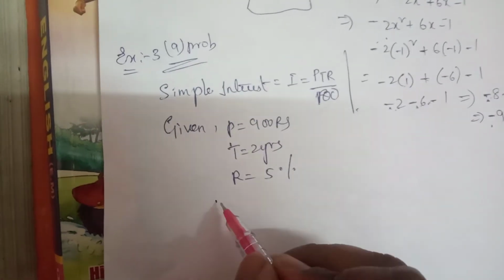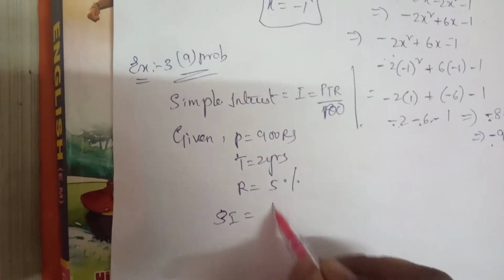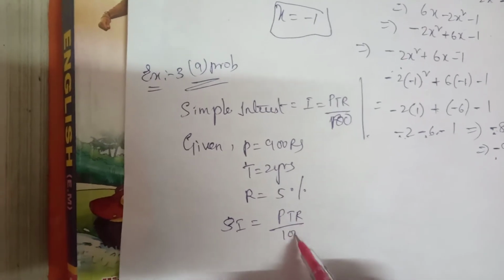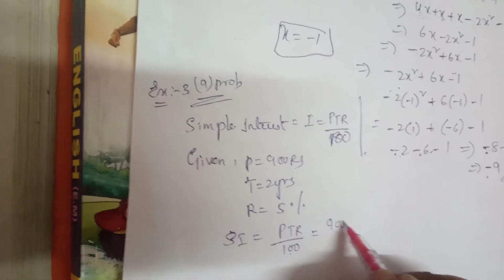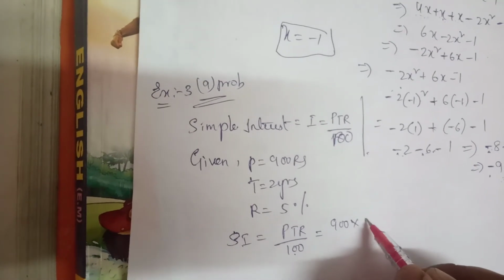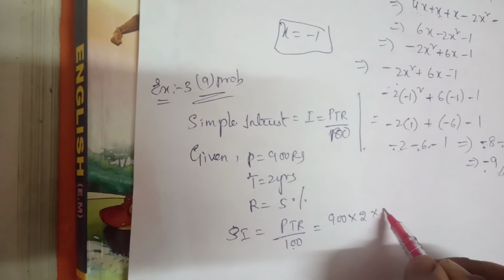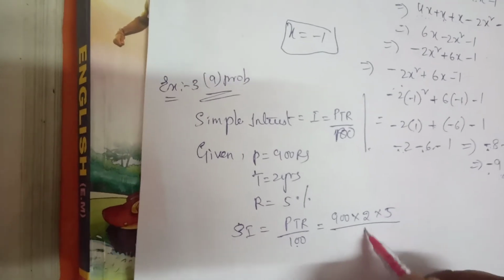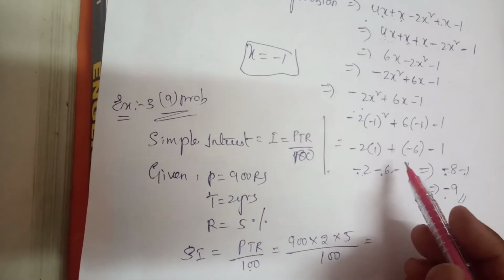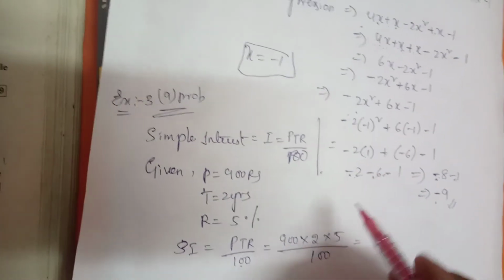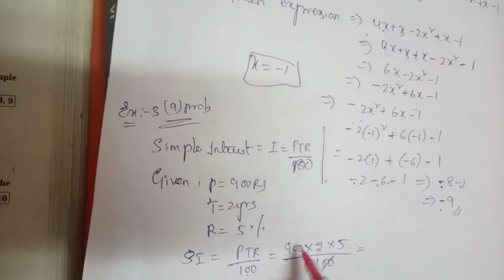We substitute in the given formula: PTR by 100. The value of P is 900, into T value 2 years, and R 5, by 100. Now do the cancellation. Two zeros are cancelled.